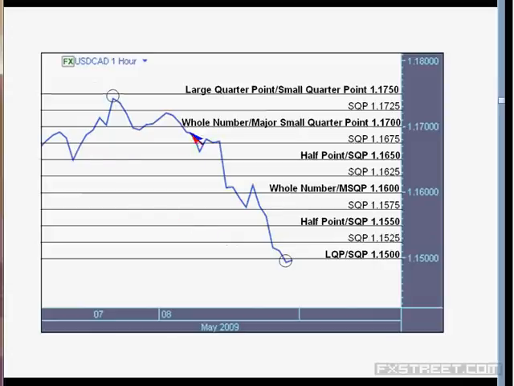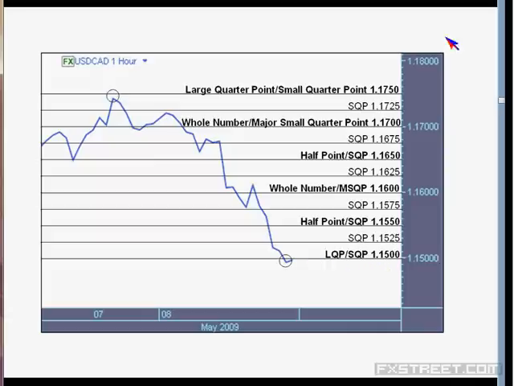and the actual whole numbers and the large quarter points of each large quarter of 250 pips each. Let's, for example, take a look at the 1-hour chart of the dollar versus Canadian dollar currency pair. Price action takes place between large quarter point, $1.1750, and potentially targeting the large quarter point below at $1.15.